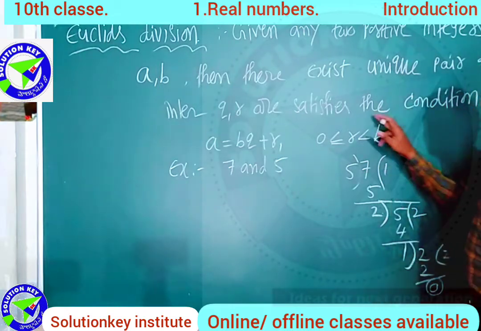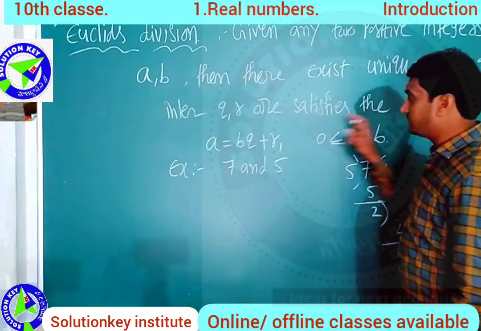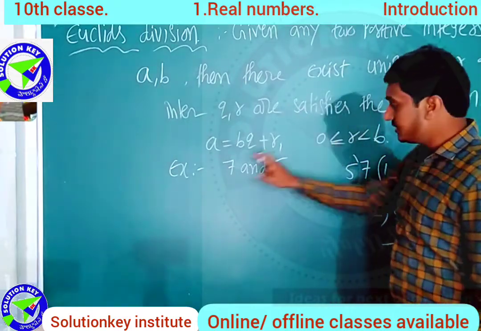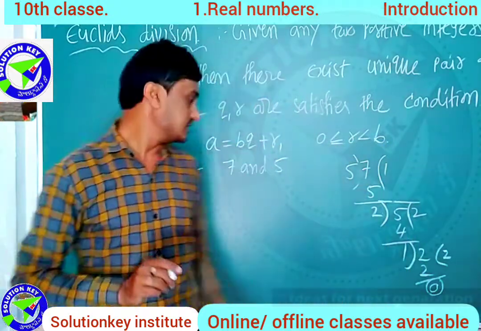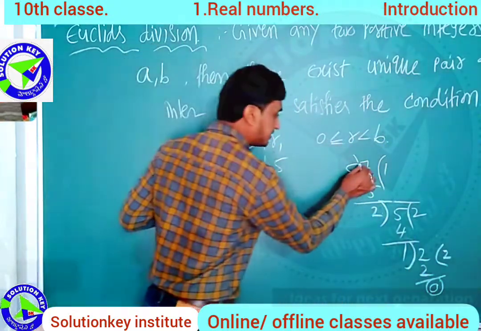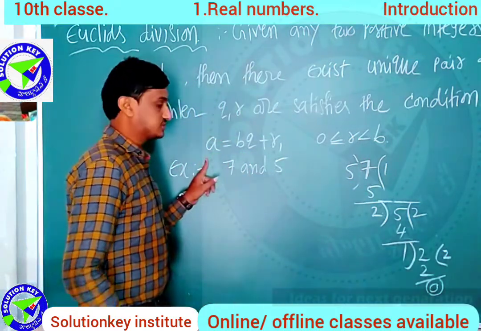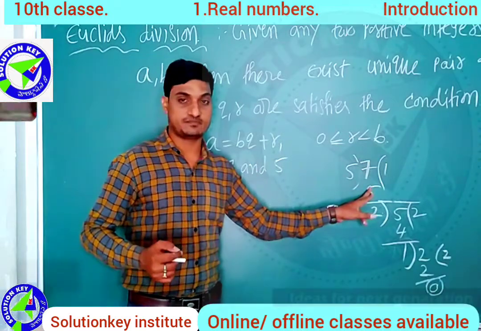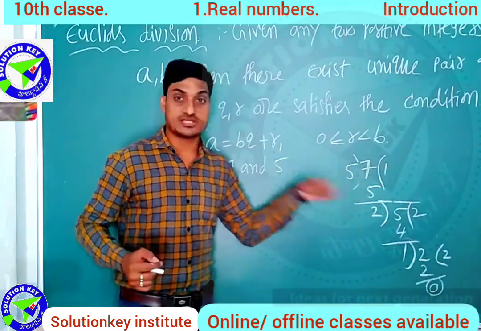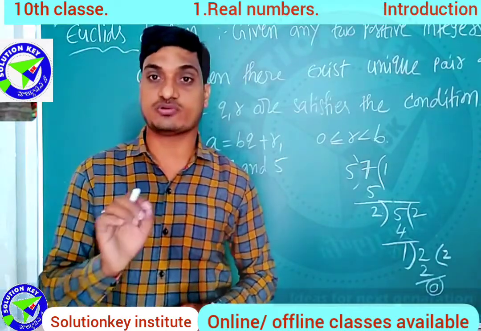But one more condition is what? Satisfy the condition a is equal to bq plus r. What is a here? This is your a: the middle one, the biggest number, we take as a, and the smaller number you have to take as b.